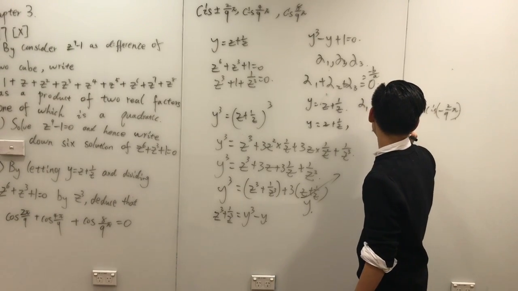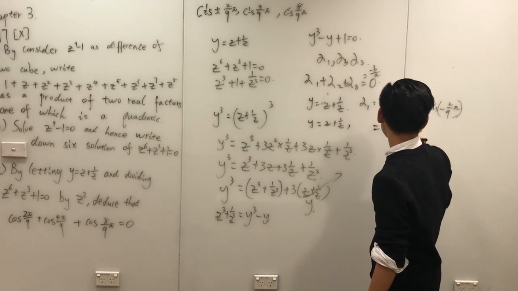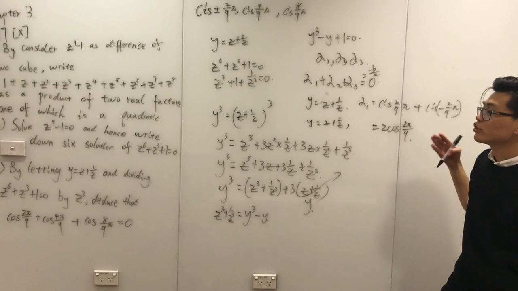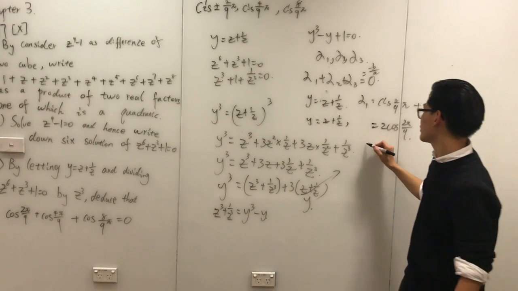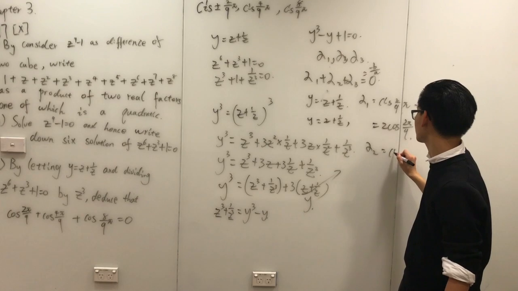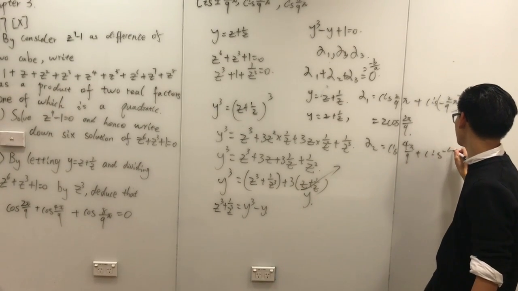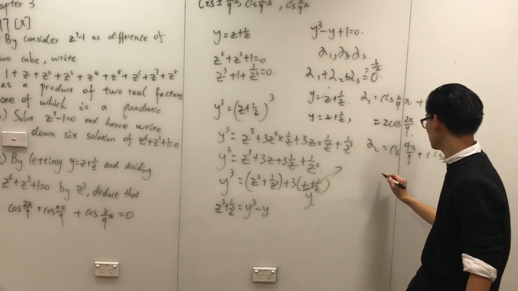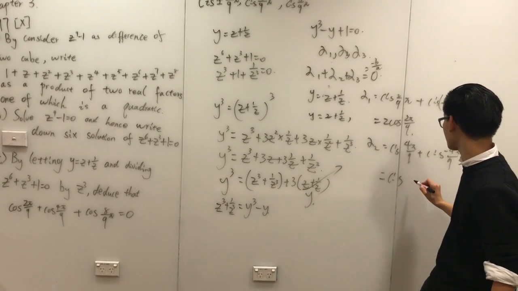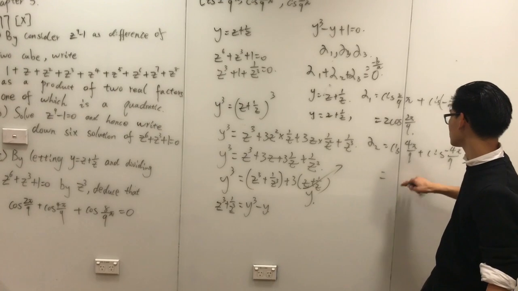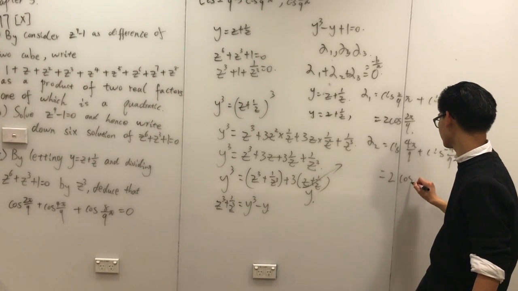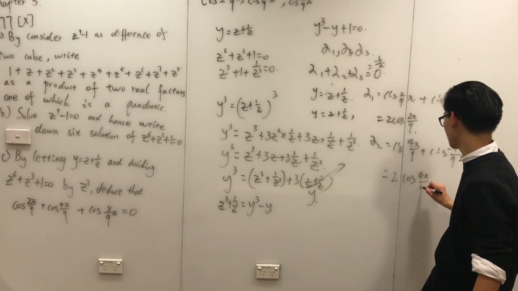So which is 2 cos 2π/9. Same procedure here. We can choose alpha 2, which is the sum of the terms with 4π/9 and negative 4π/9, which is 2 cos 4π/9.